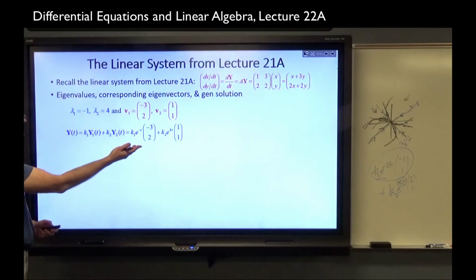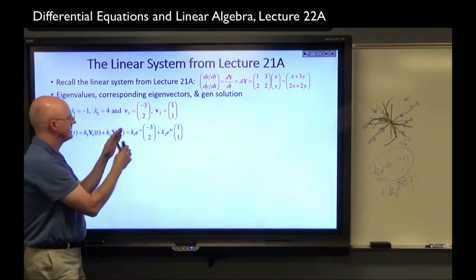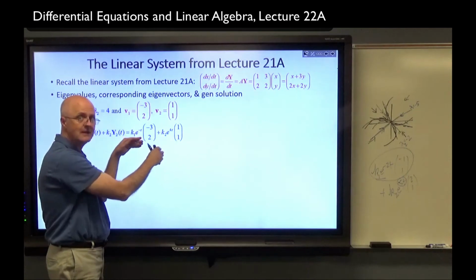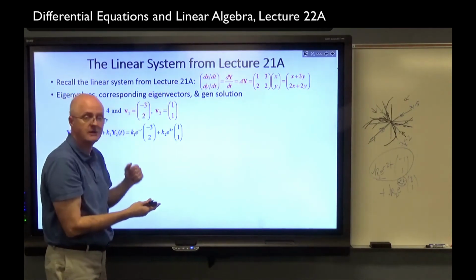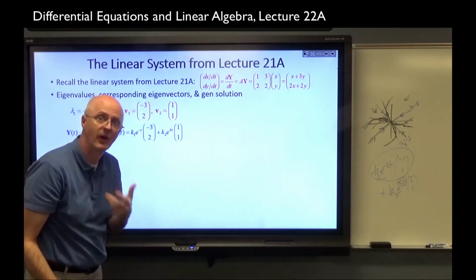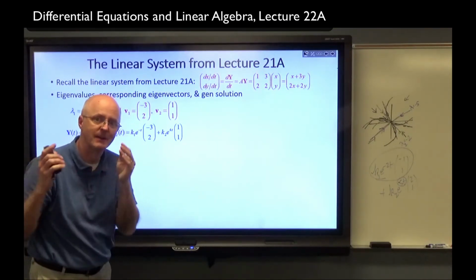This is the general solution. Ignore the k1 and k2, these are still linearly independent solutions. The solution space for such a two-dimensional linear system will be a two-dimensional vector space, a vector space whose elements are functions. By the way, I didn't emphasize that before, but I'm emphasizing it now.